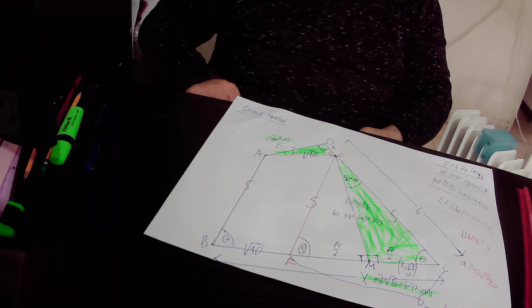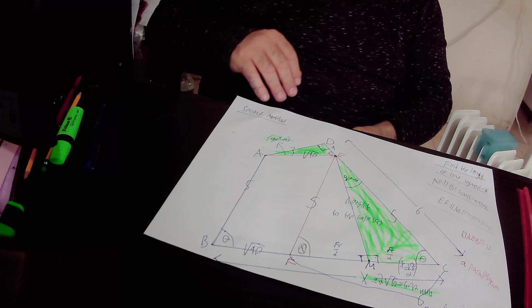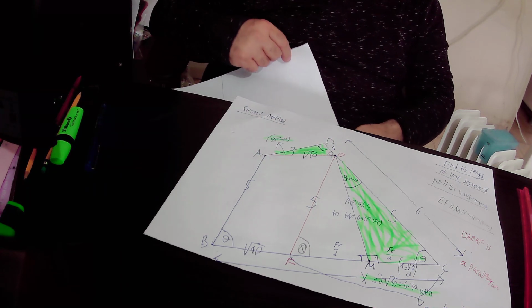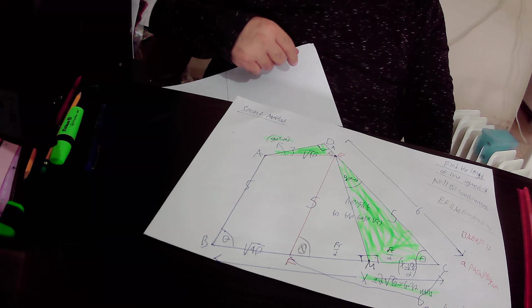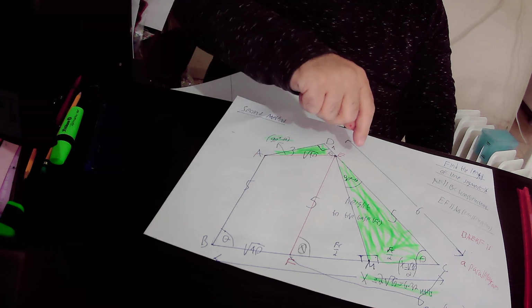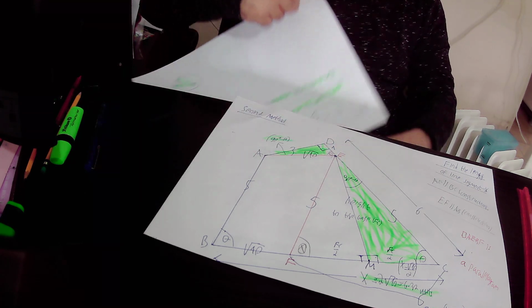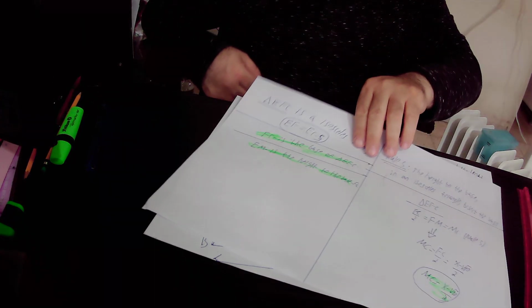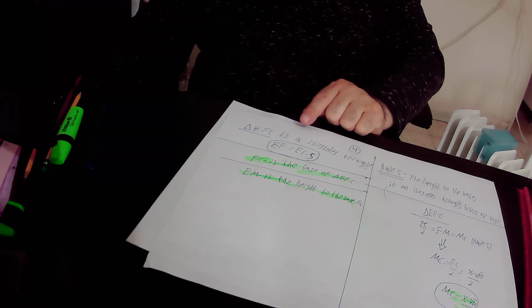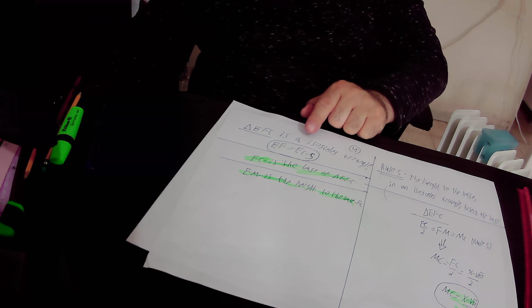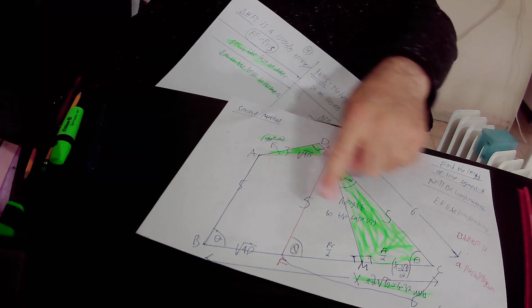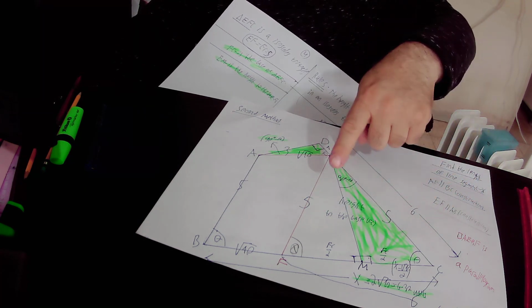Then we focus on triangle FEC. Triangle FEC is an isosceles triangle because side EF equals side EC equals 5 units. And here, FC is the base of the isosceles triangle EFC.